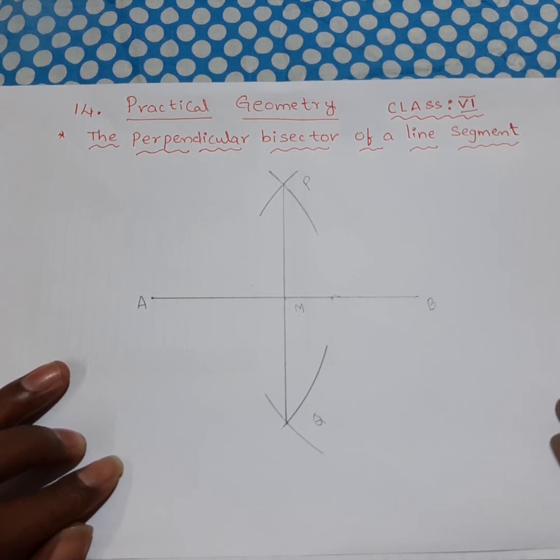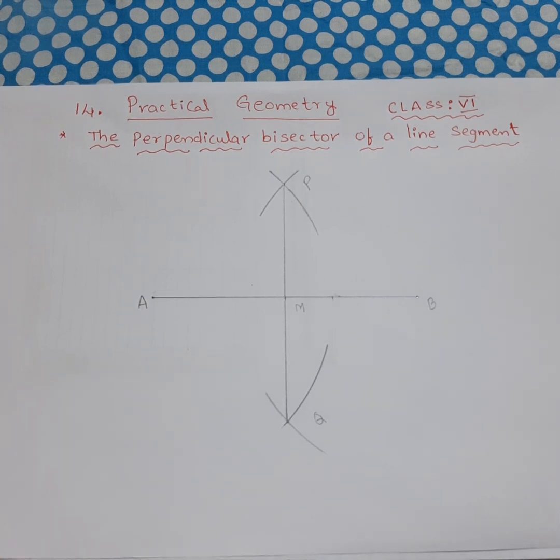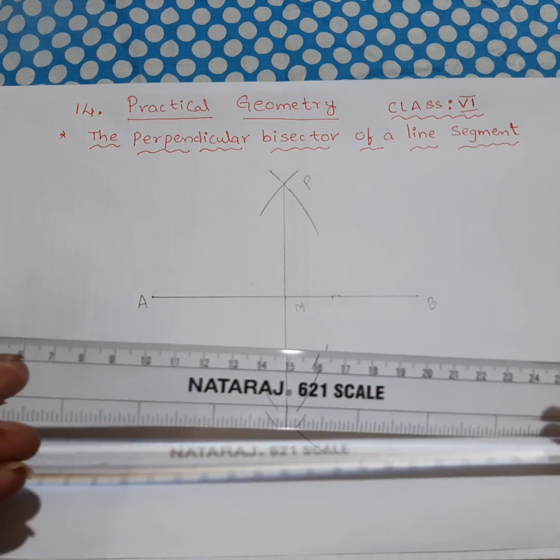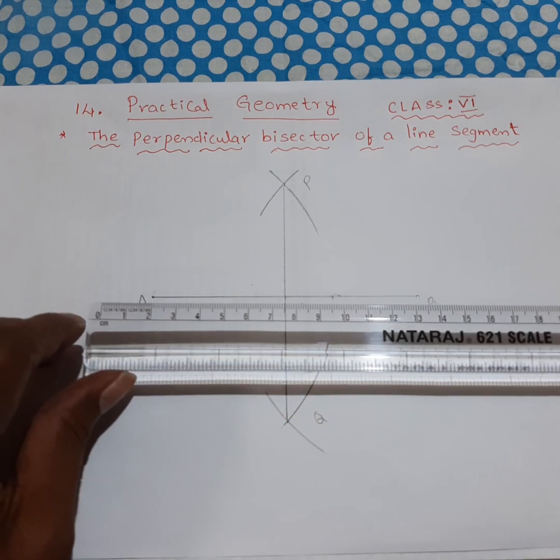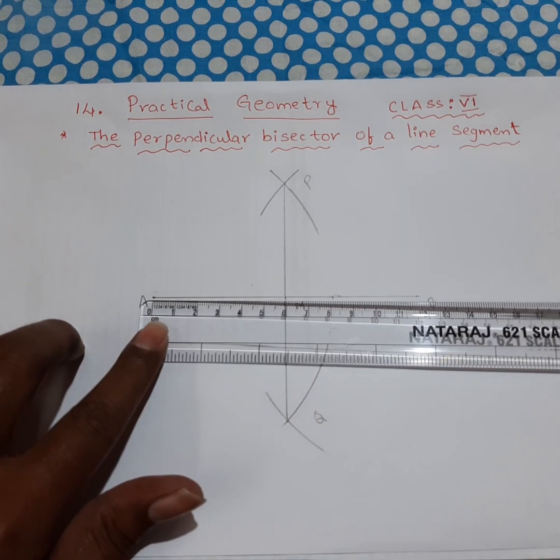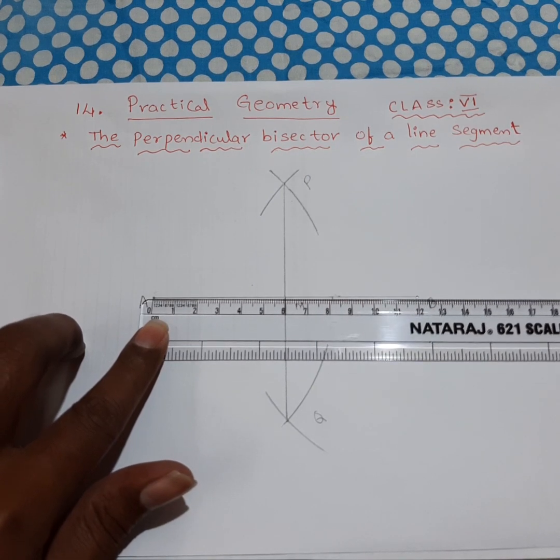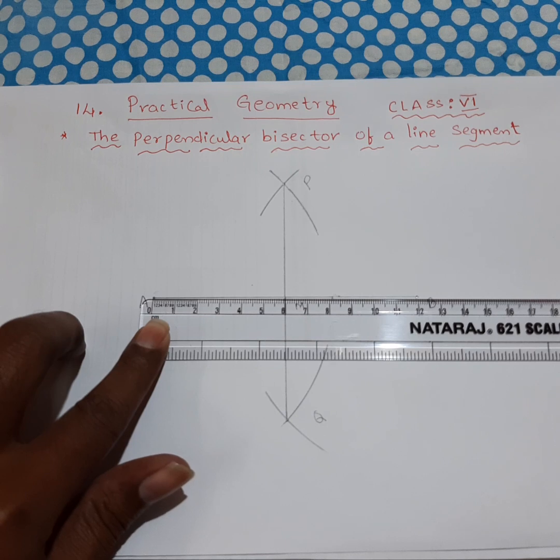Now, if you have any doubt, you can measure with a scale also. See this here. Totally, I took 12 centimeters for line segment AB. The length of AB is 12 centimeters.